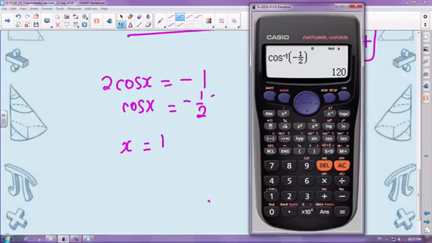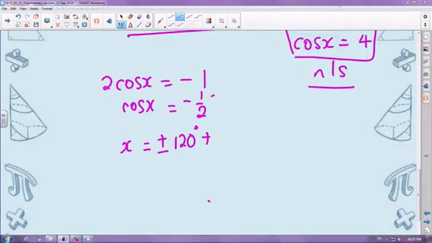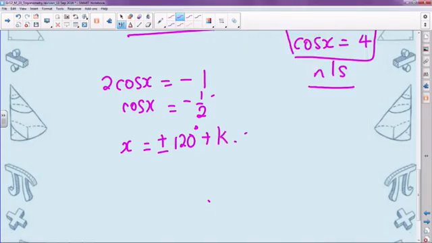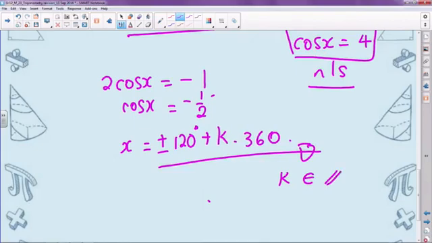Therefore, x is going to be equal to plus or minus 120 degrees plus k times 360. That's the general solution. You can use a k or an n. It really doesn't matter as long as you state that whatever variable you've used is an element of the integers.